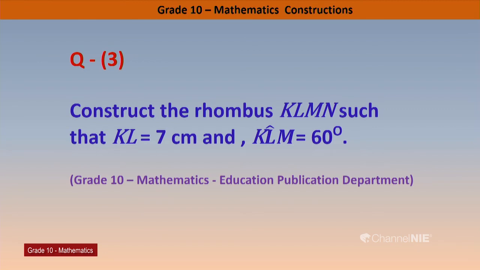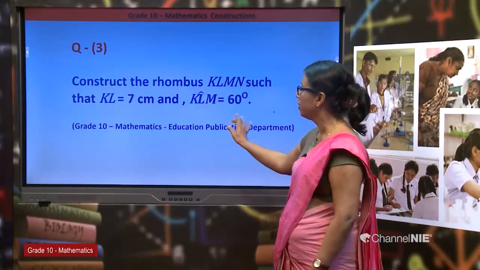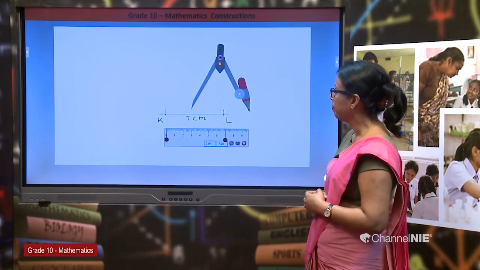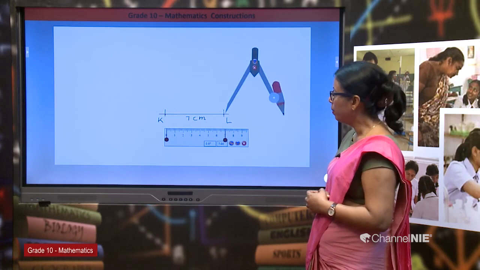One side is given, KL equals 7 centimeter, KLM 60 degree. So, we can start this question by constructing KL 7 centimeter. Let us construct KL as a 7 centimeter line segment.